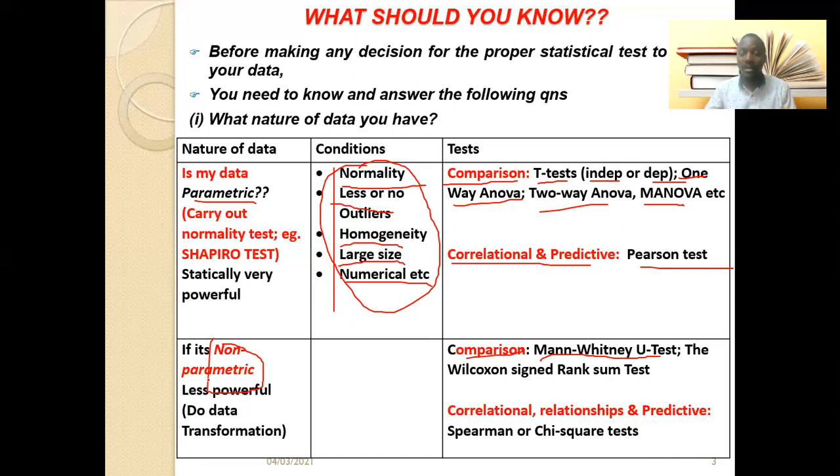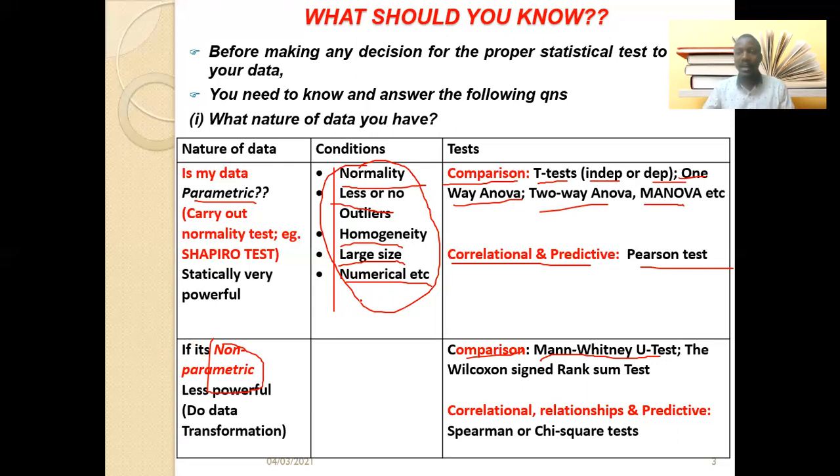And under non-parametric test, maybe your data is categorical or nominal in nature, which does not obey the idea of numerical kind of data. That you are ranking your data into order, maybe from 10 to 20, male and female.